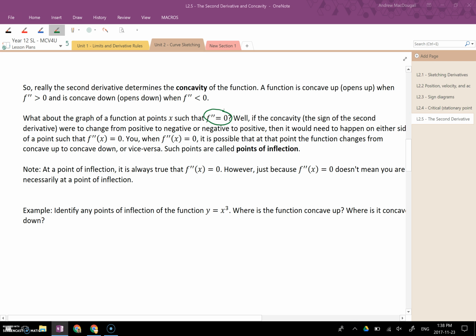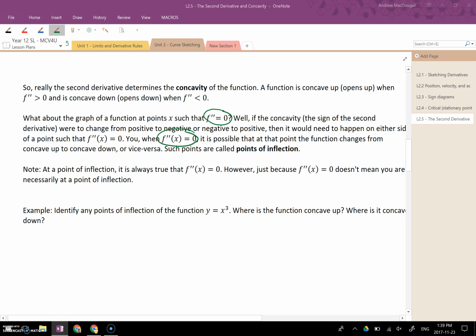Just like to switch from increasing to decreasing, you have to go through a minimum or a maximum point. To go from concave up to down or vice versa, you have to go through a point where f double prime is 0. A point where it switches from opening up to down, or from opening down to up, is called a point of inflection. And at a point of inflection, we have the condition that f double prime equals 0.